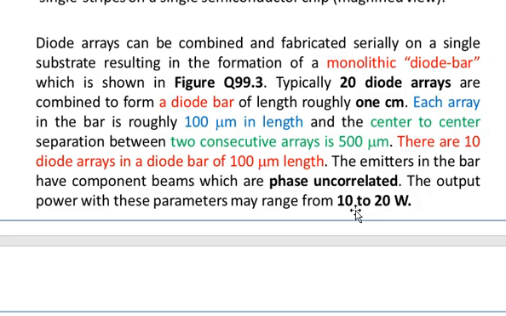So if we are using 20 diode arrays, then we have a power roughly of the order of 20 watt. And if we are using 10 diode arrays, then of course the power will be of the order of 10 watt. So from 10 to 20 diode arrays, the diode bar will give you a power range from 10 to 20 watt.